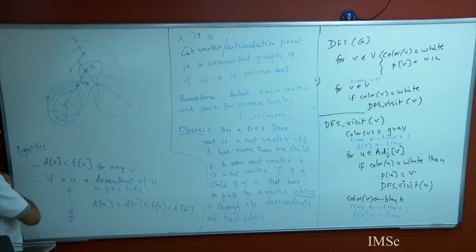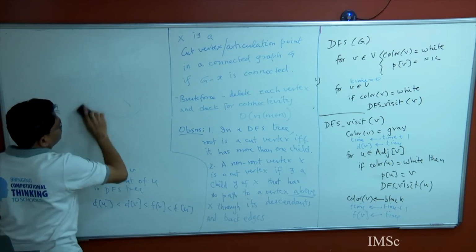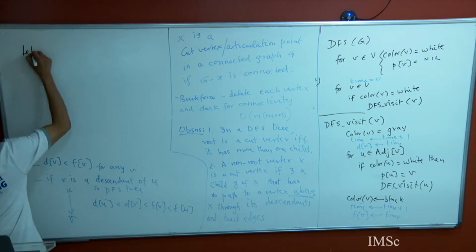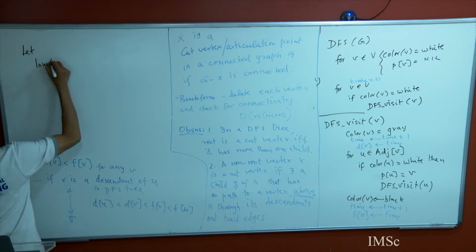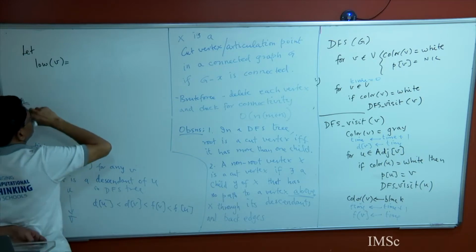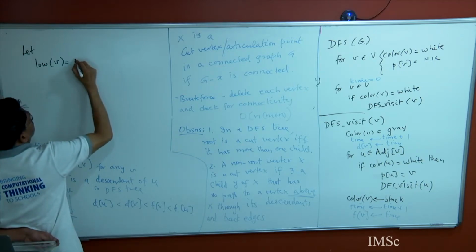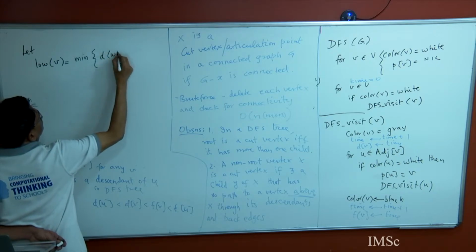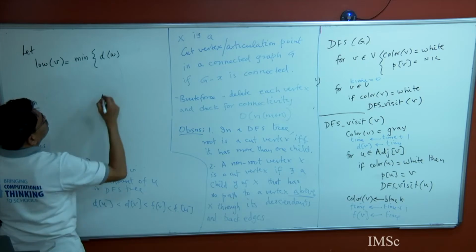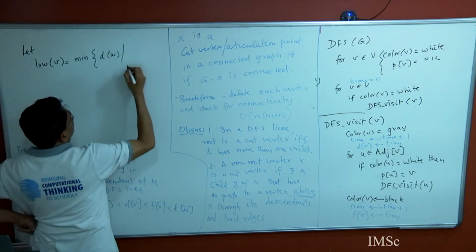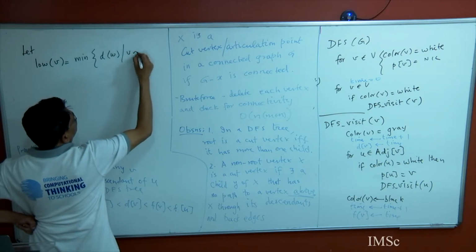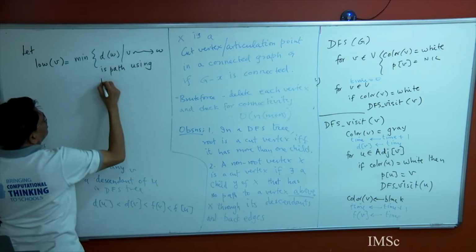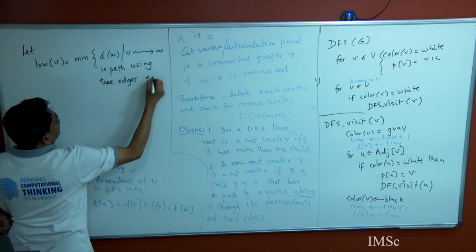So let's define low of V, for a vertex V, equal to the min of D of W where V to W is a path using tree edges and a back edge.